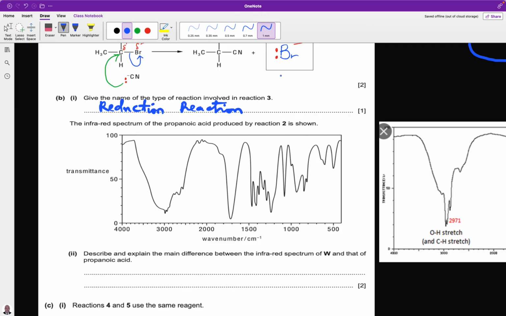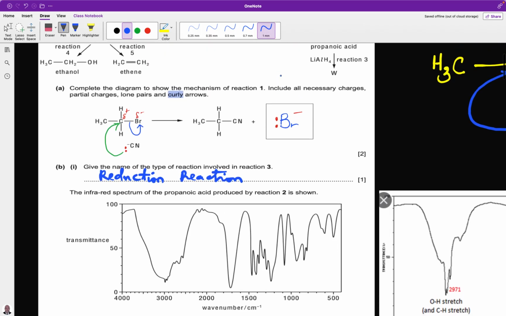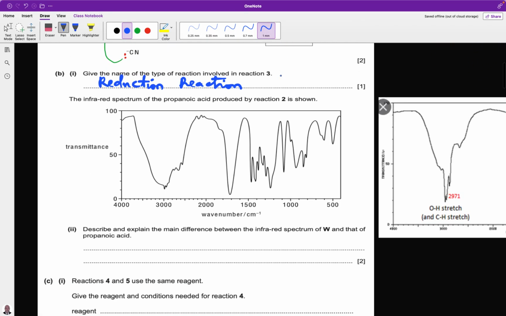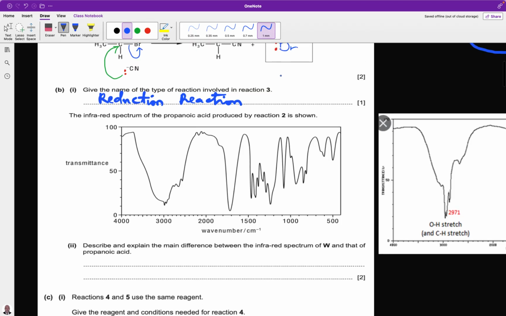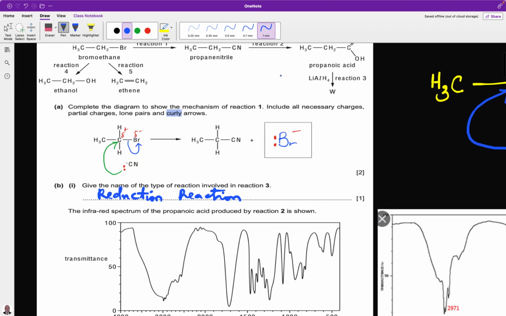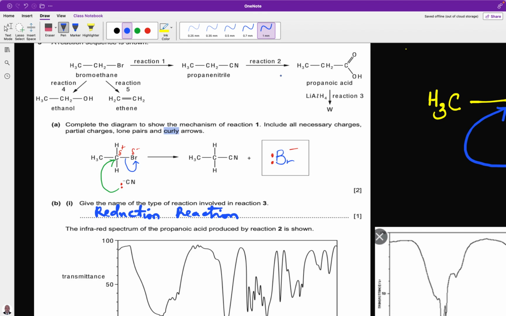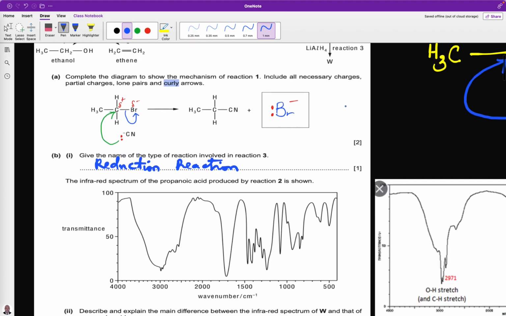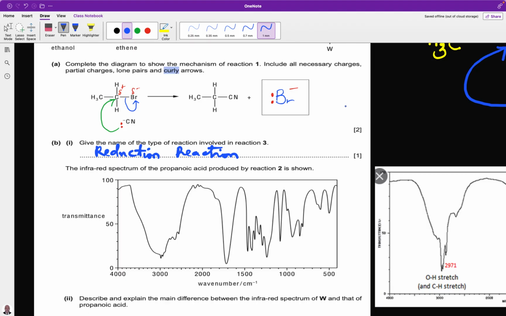Now, the question is, describe and explain the main difference between the infrared spectrum of the compound that was produced here, W, and that of propanoic acid. Very good. The first thing is, if you can't get the identity of W, you will not know how to give the differences.